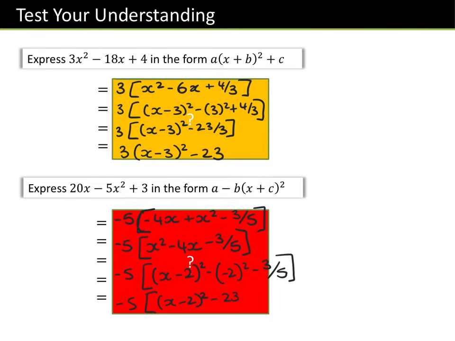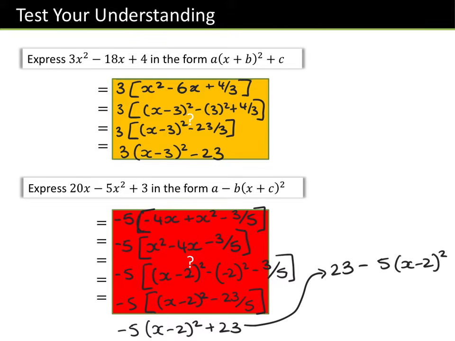Then I'm going to multiply everything by minus 5. So I'm going to get minus 5 times x minus 2 squared plus 23. I'm going to rewrite that. So I've got 23 minus 5 lots of x minus 2 squared.